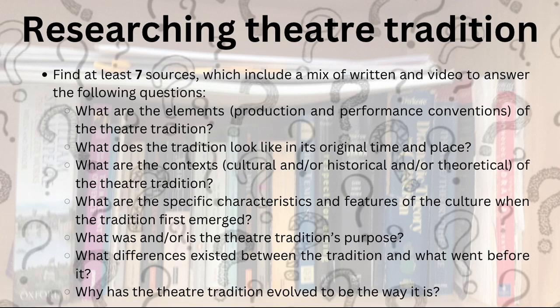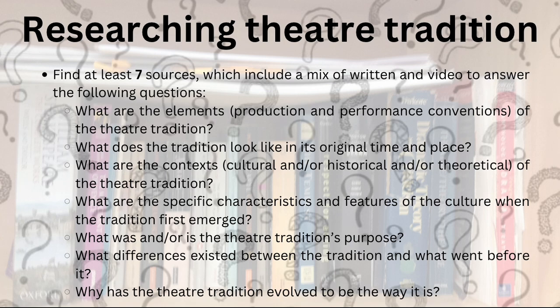So you want to be able to clearly, in a detailed manner, say what some of the elements of your theatre tradition are. What does it look like? What did it look like when it first emerged? Maybe what does it look like now? Has it changed? You need to understand from what tradition, context, culture and history it emerged.